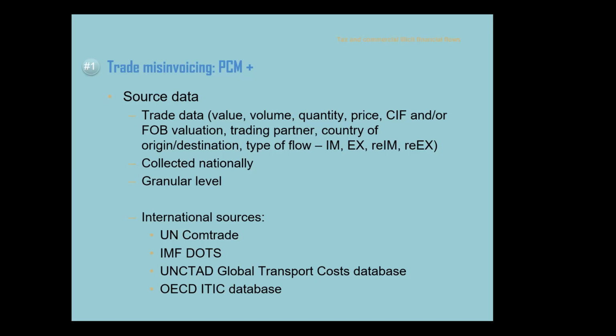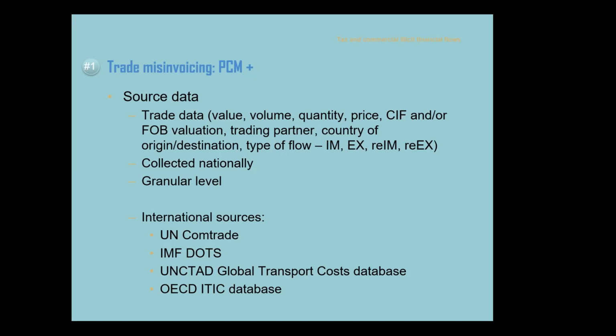Ideally, those data would be collected nationally, usually by the customs authorities, but this may differ from country to country, where they would be collected, stored, and how they could be accessed and shared. And in an ideal scenario for a statistical measurement and the application of this method, we should be looking at granular level data, so at least 6 digits of the HS classification, and ideally also some lower levels if those could be attained in our international trade.